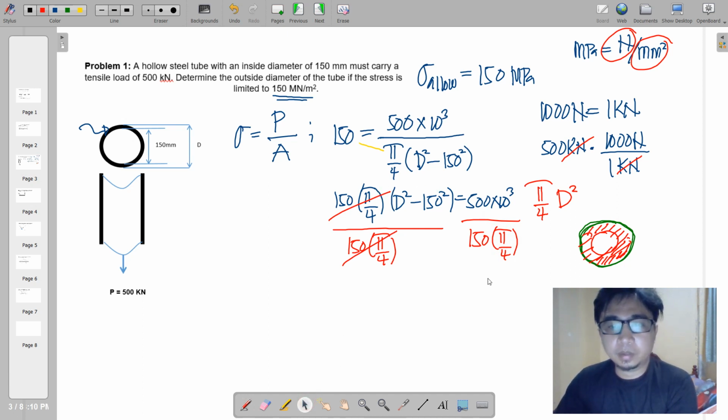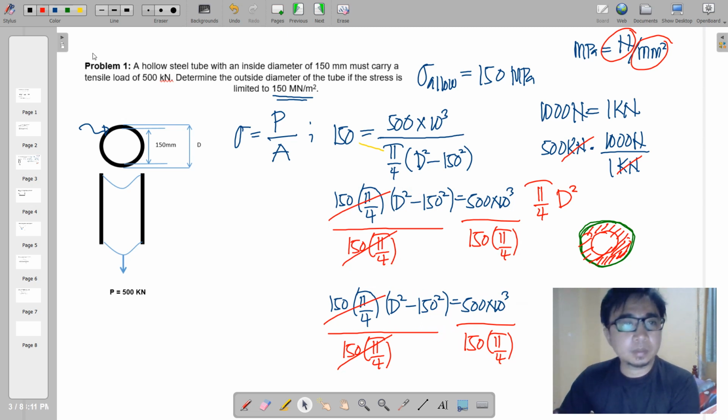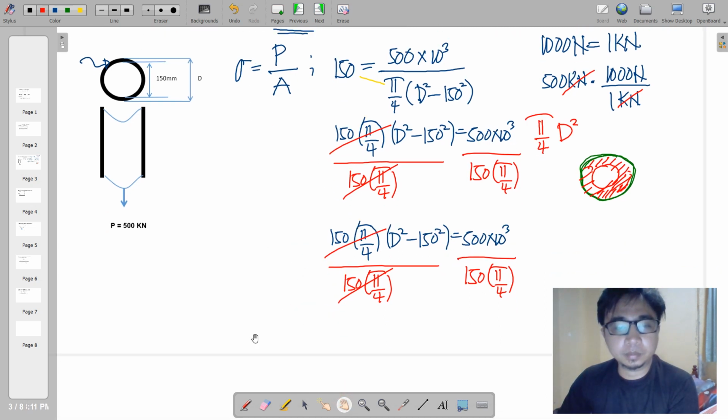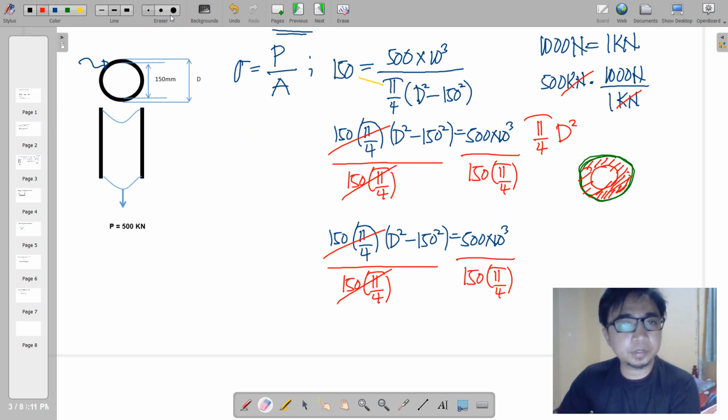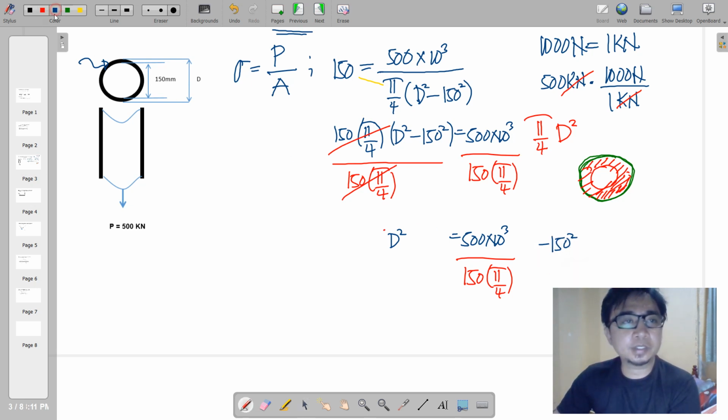So next, copy this. We can now omit this portion, it's already cancelled, and remove the bracket here. Of course, this will be transposed to the other side, and transposing it becomes positive.